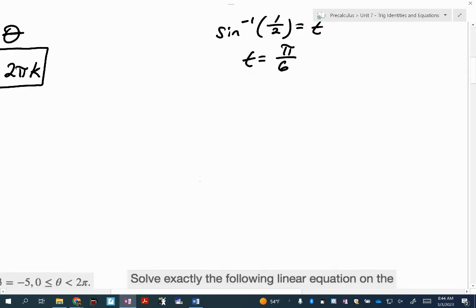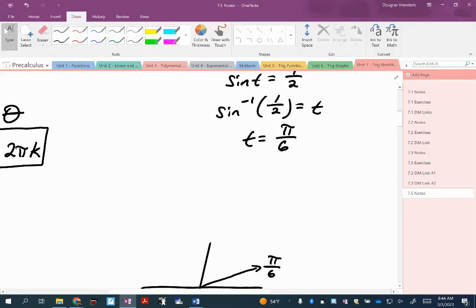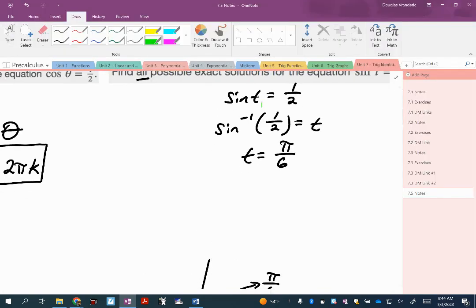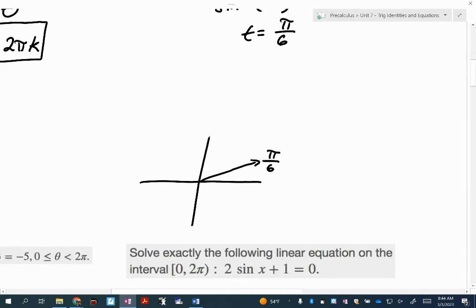But again, because we're talking about all solutions, we have positive pi over 6. And just like we did before, we're looking for where sine is positive 1/2. If I'm thinking all students take classes, sine is also positive in the second quadrant. How you find this is that's pi, and we back up the pi over 6. So pi minus pi over 6 is going to be 5 pi over 6.